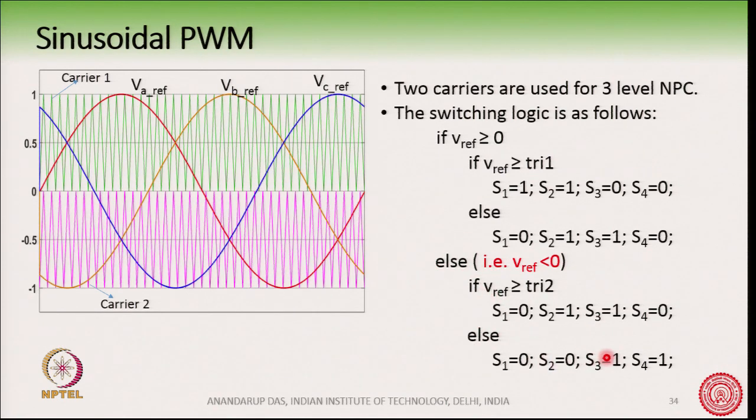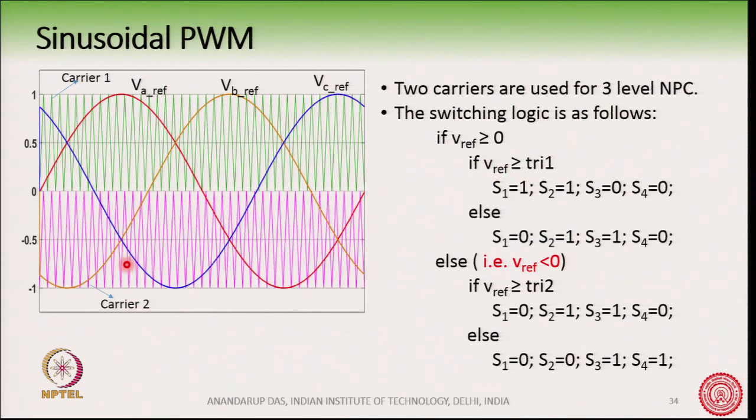Okay. So, if Vref is greater than or equal to triangle 1, then S1 is 1, S2 is 1, S3 is 0 and S4 is 0. Okay. So, this means that when Vref is greater than 0, suppose you take the A phase reference, then we are here. If this is greater than 0 and the same reference is greater than triangle 1, this is the triangle 1.